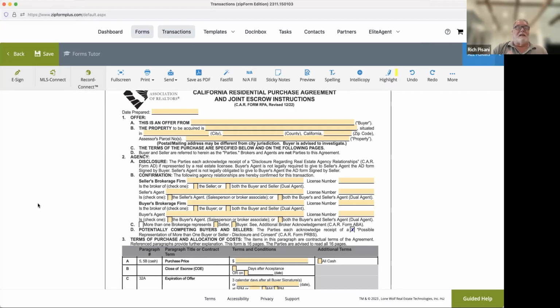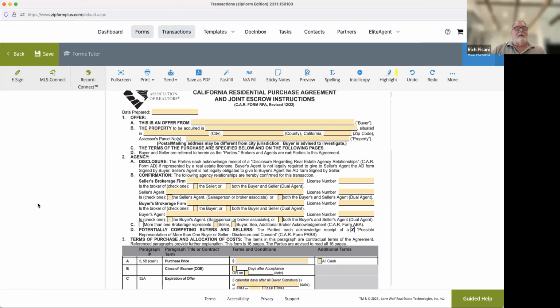Now, remember, agency is with the brokerage. So if there is a listing agent in the very same office that has the listing, then it is dual agency. Now remember, all of my offices have separate DRE numbers, so they are separate corporations.